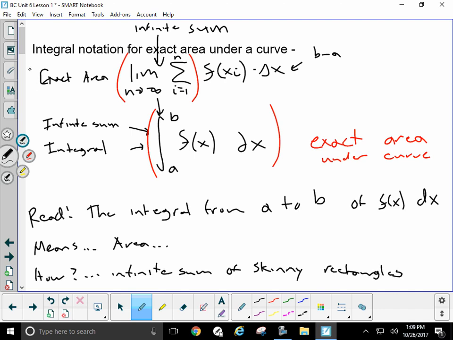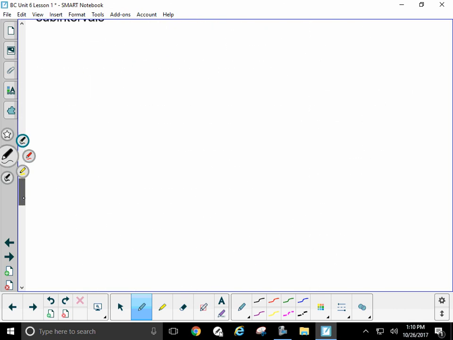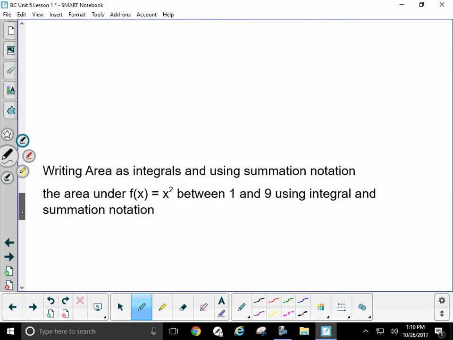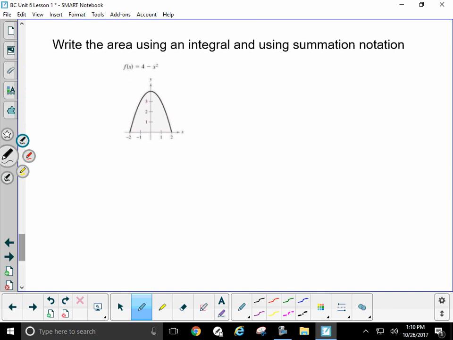Okay. Now, we're going to skip a little bit. Go here. And we can actually write out the area here shaded in pink using an integral. You're like, what is that exact value?